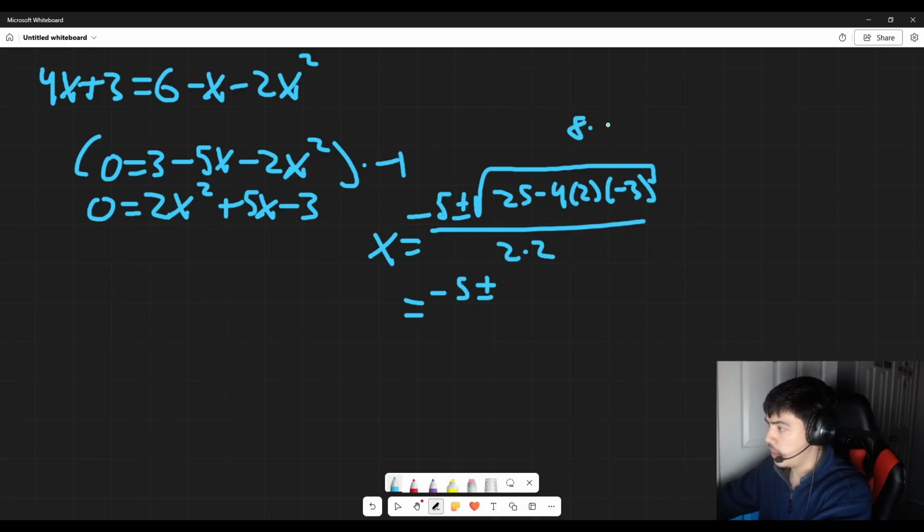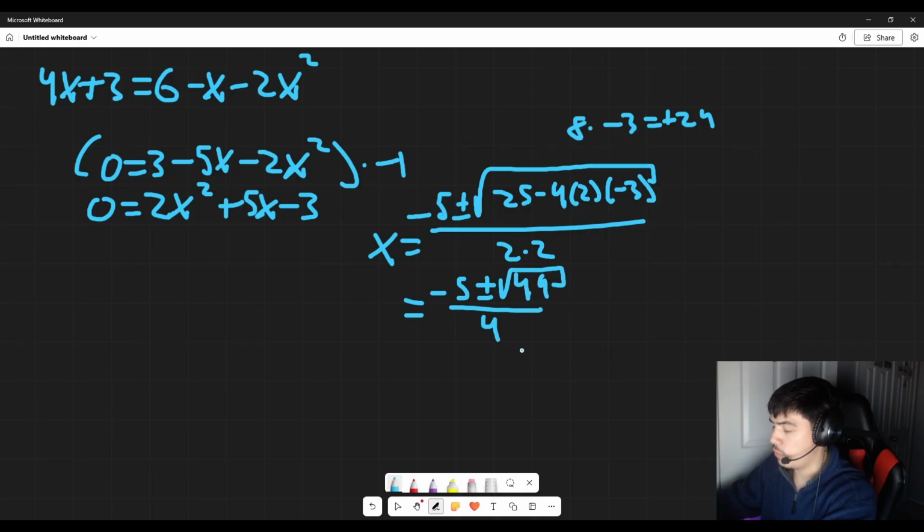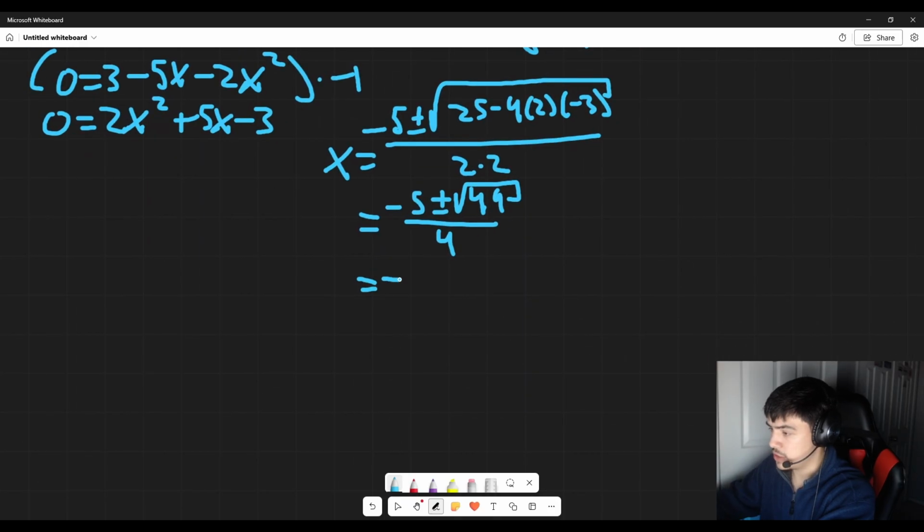So this result gives us negative 5 plus or minus the square root of 25 minus 4 times 2 is 8, so we have 8 times negative 3, giving us negative 24. We have this negative right here, turns positive. So 25 plus 24 is 49. And then we have the square root of 49 over 4. Square root of 49 is just 7.